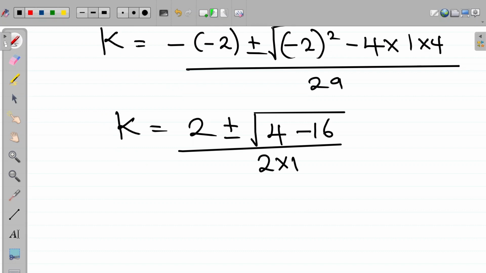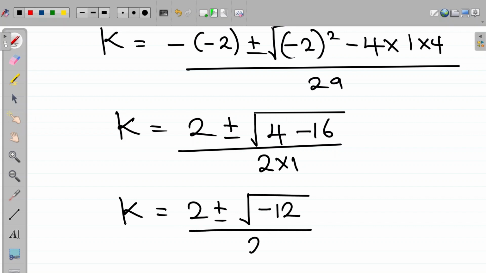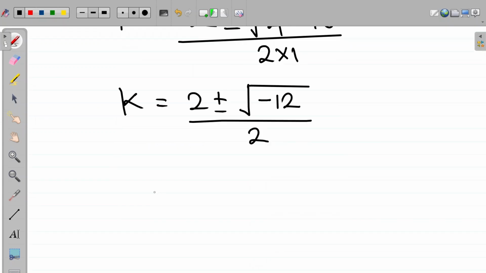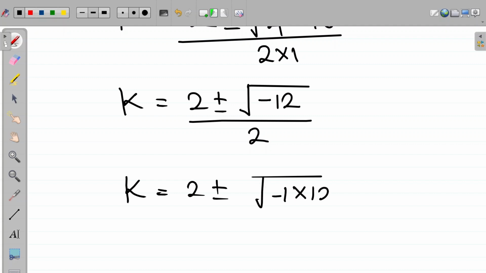Now at this point, we can simplify further that k is equal to 2 plus or minus root of 4 minus 16 is minus 12 divided by 2. Now at this point, we can introduce our imaginary unit, but our equation can also be expressed as k equal to 2 plus or minus root of minus 1 times 12 divided by 2.